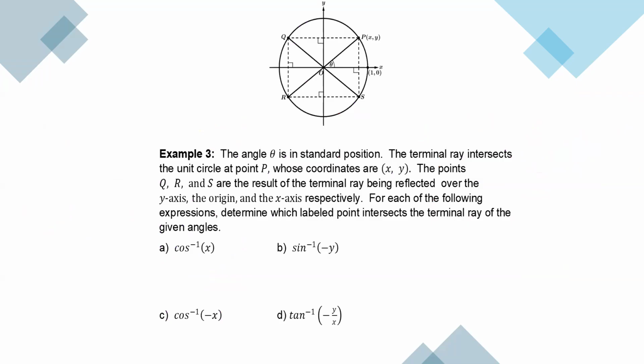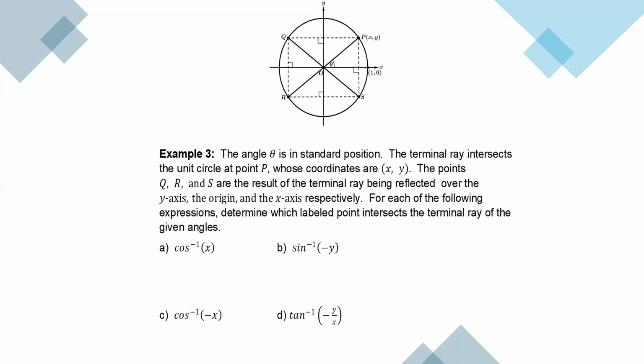Our last thing. So here we have an image, and it says the terminal ray intersects the unit circle at point P, whose coordinates are x and y. The points Q, R, and S are results of the terminal ray being reflected over the x-axis, the origin, and the y-axis respectively.